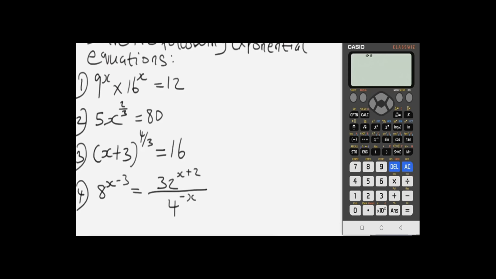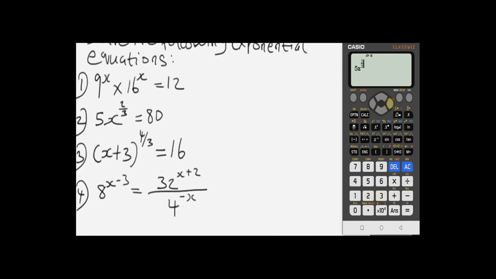Alright, so for question 2 we have 5x, alpha and this x button to the power, make use of this power function, the fraction button, to the power 2 over 3.